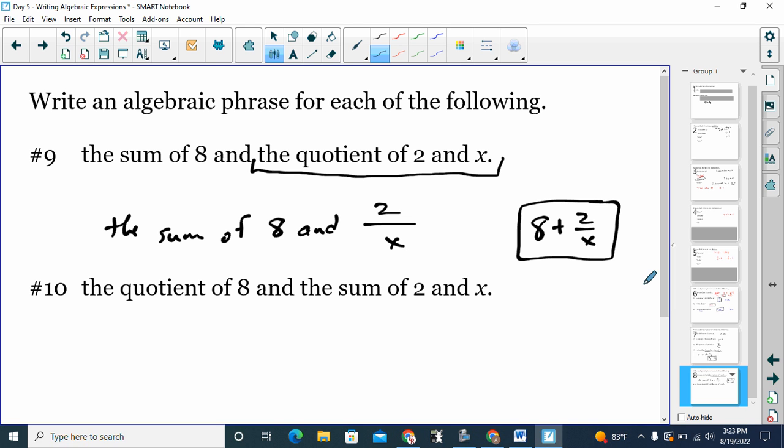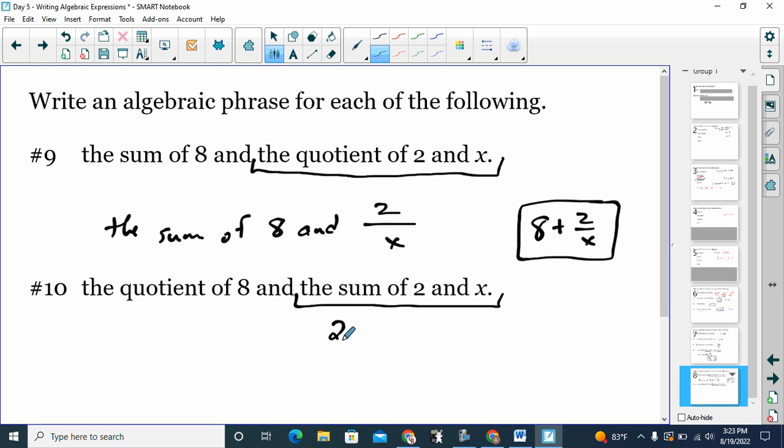Number 10 looks very, very similar. The quotient of 8 and the sum of 2 and x. So it switched the order from what was given there. Start with the sum of 2 and x.